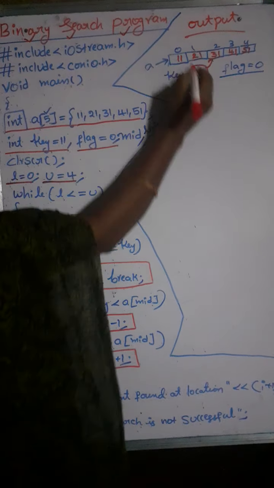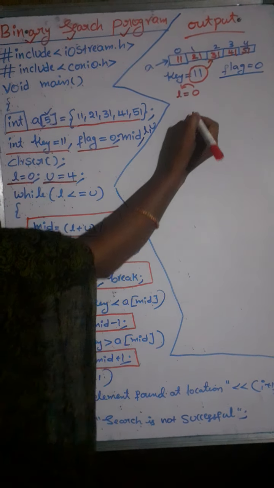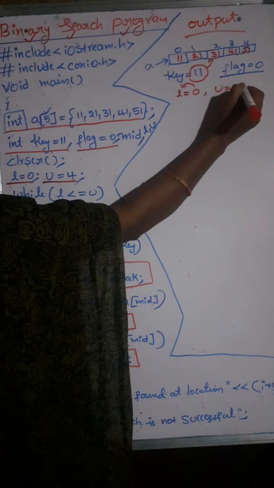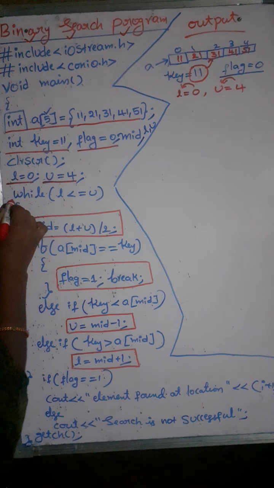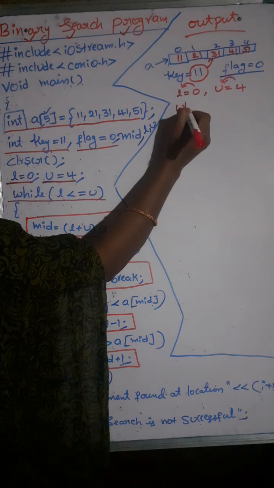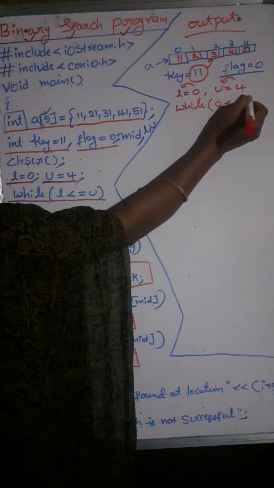That means the lower index is 0, so 0 is stored in the lower index, and the upper index is 4, so 4 is stored in the upper index. Here L represents the lower index and U represents the upper index. Now what is the next statement? While L is less than or equal to U. That means L is 0; is it less than or equal to 4?